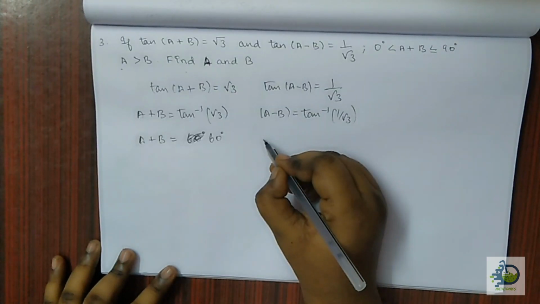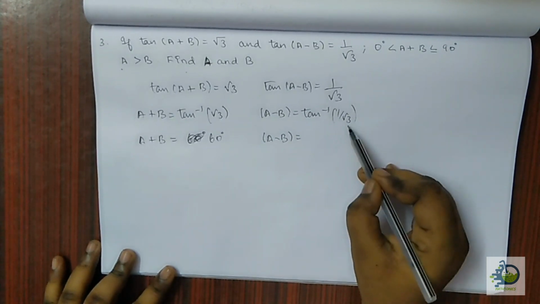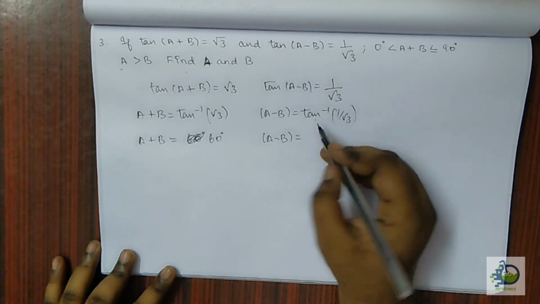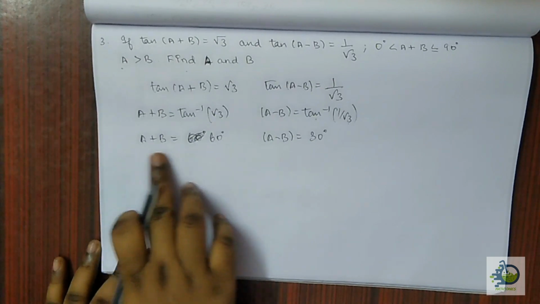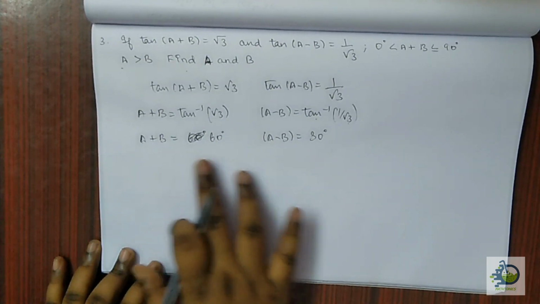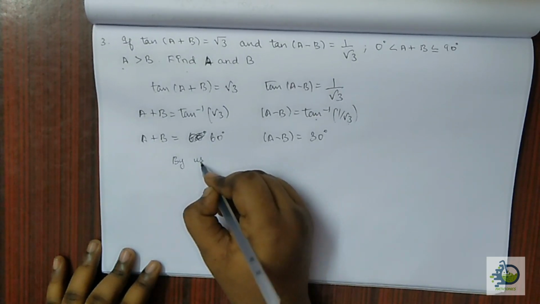And similarly for A minus B, we get 1 by root 3 as answer for tan when the angle is 30 degrees. So we get two equations, A plus B as 60 and A minus B as 30. Let's solve these two equations by using elimination method.